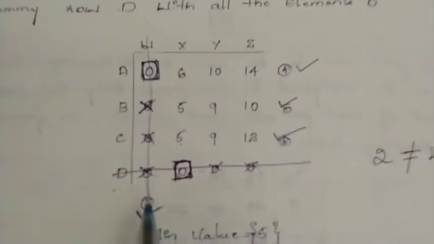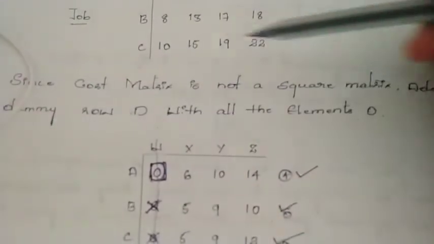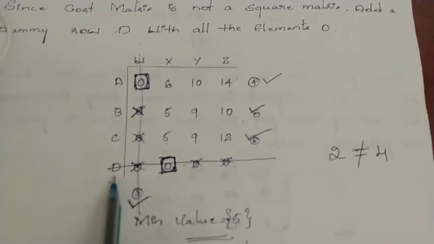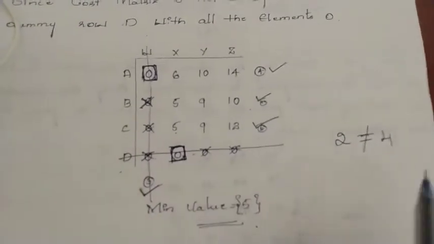After adding that dummy row, the cost matrix will be the same. The A values, B values and the C values will be written as they are. The only change is that we are adding the dummy row with all the elements 0.